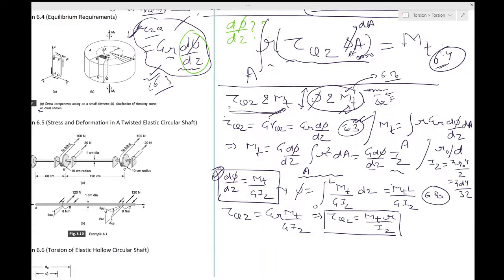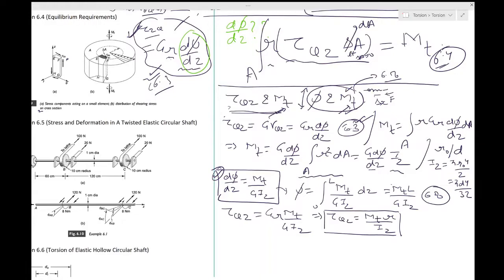So that gives you the value of the shear stress with the twisting moment, and as you can see it depends on this parameter r, so it would depend radially, and so it's a linear relationship.